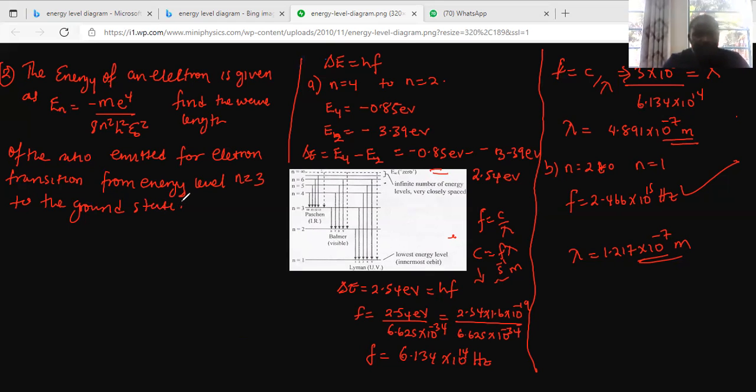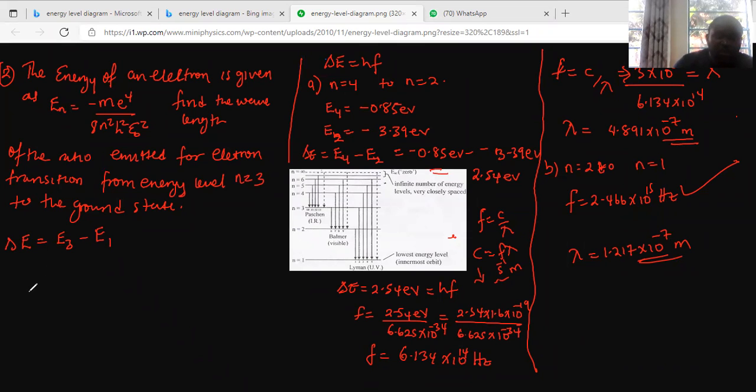Now, firstly, they are asking you to find the wavelength. You can derive an expression, or if you don't want to derive, you can use our formula straight away and get the change in energy, because change in energy would be energy E3 minus energy E1, right?